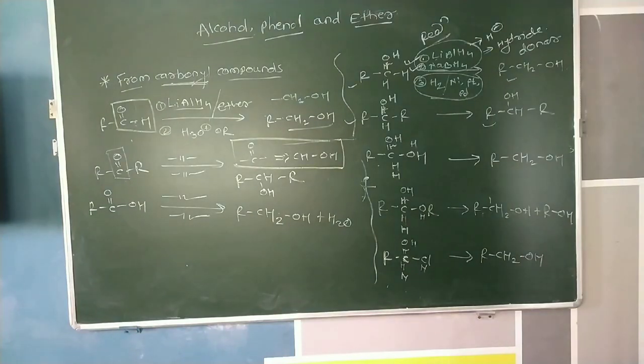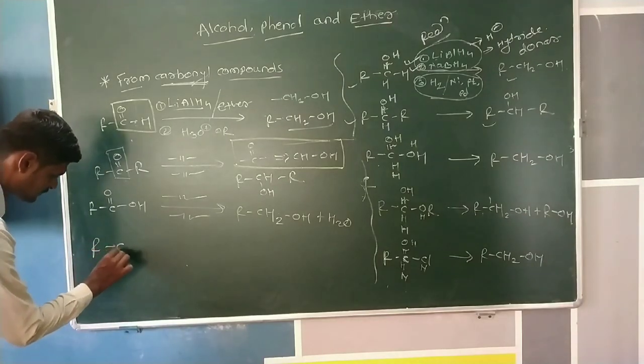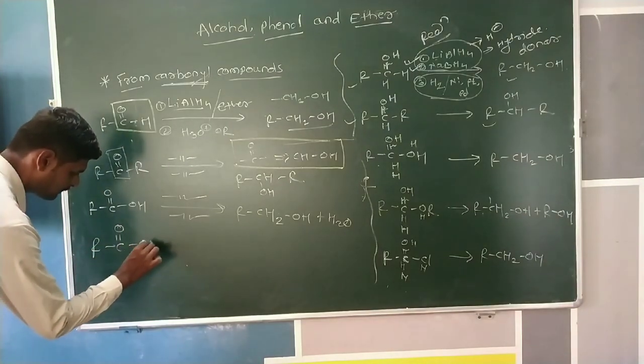Okay. Then next one is an ester. It is RC double bond OOR.